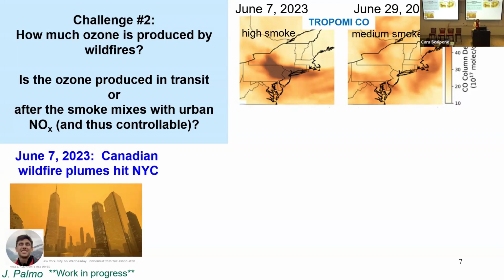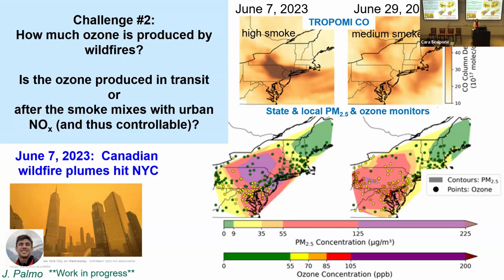And what's really interesting is when you look at what's going on the ground from the state and local monitors, the muted contours are the PM2.5 concentrations, and you see it getting up to purple, so very unhealthy over much of the region on June 7th and a little bit of the region on June 29th. And then the dots are the ozone measurements at the monitors.